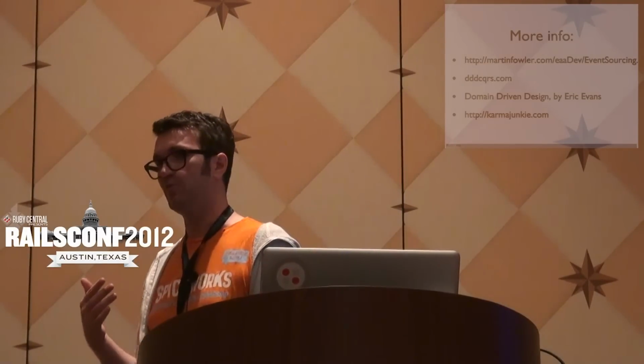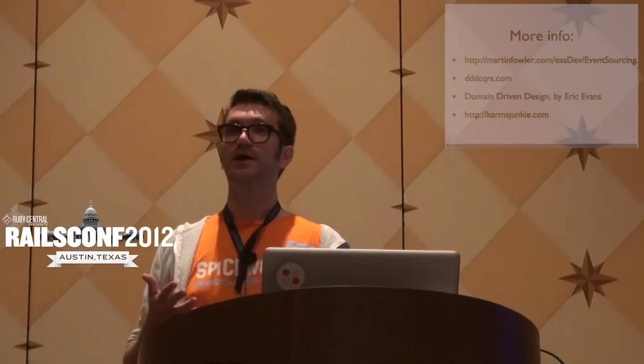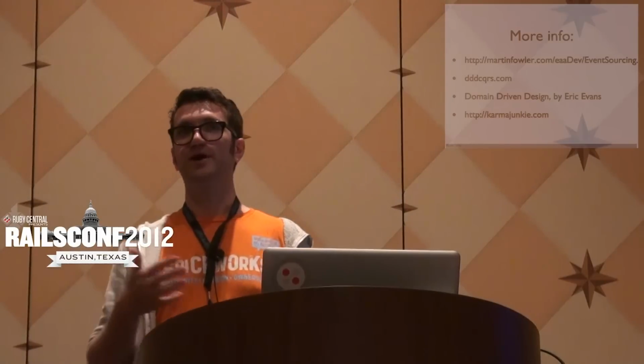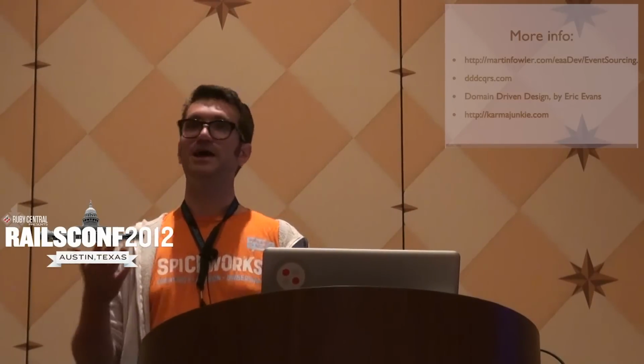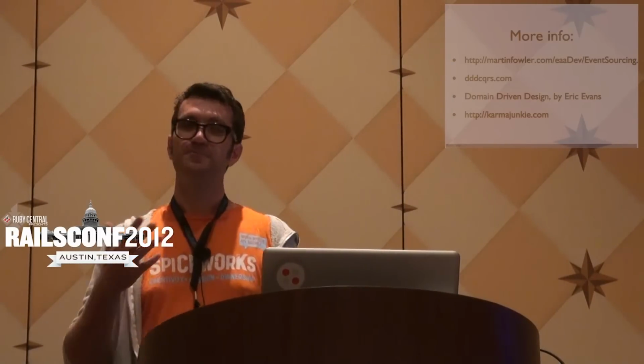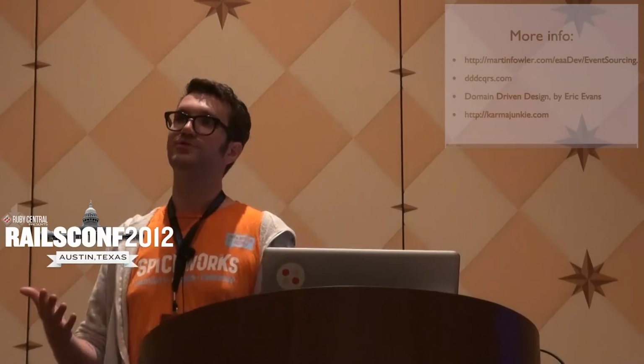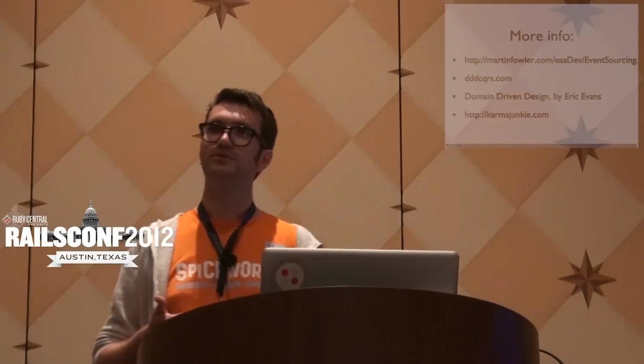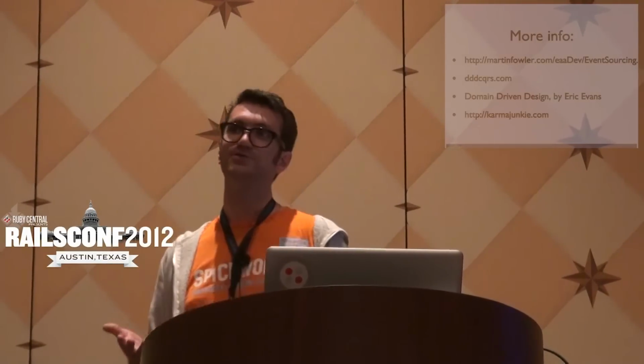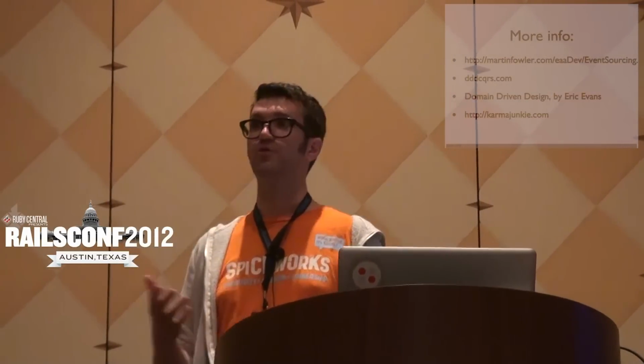Let's say one of my models is a user, and at some point I decide to add a constraint that a user has to have a unique email address. Well, if I were doing this without event sourcing, that's still a problem. Until I add that validates uniqueness of, it's possible I'm going to have more than one user with that email address in the system.